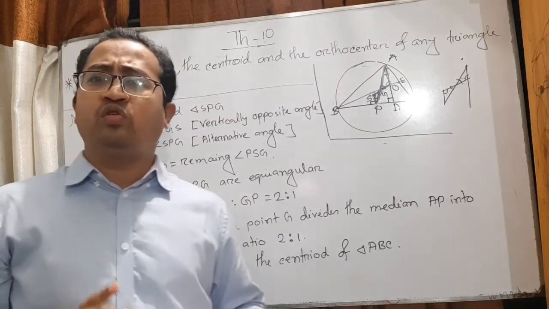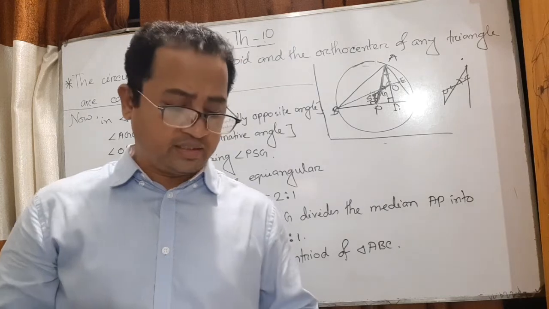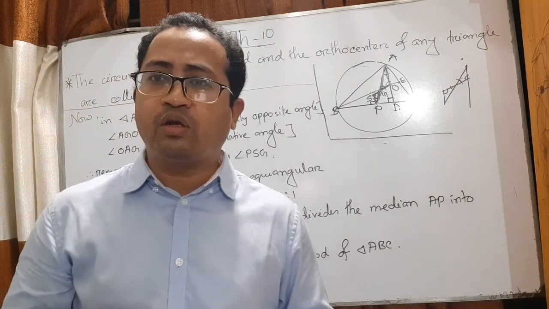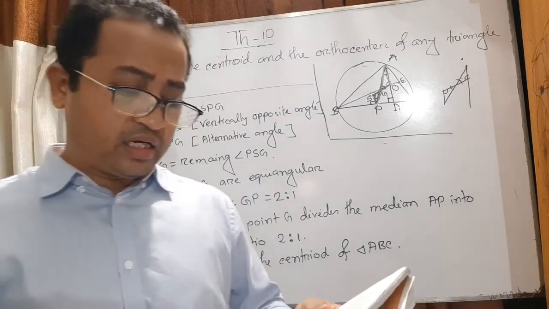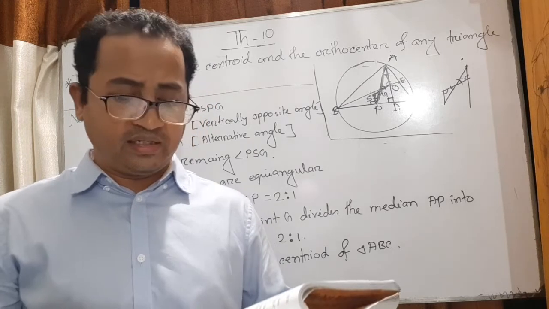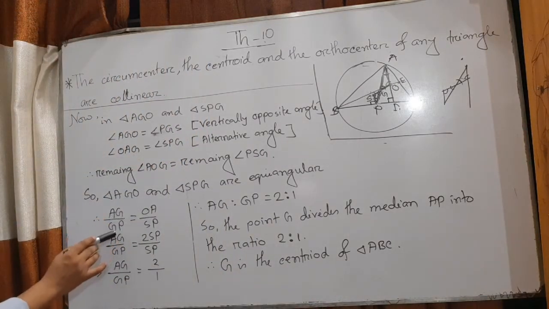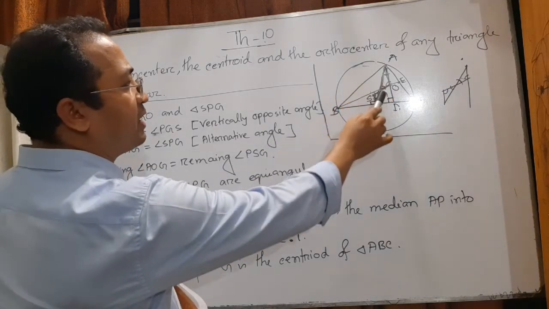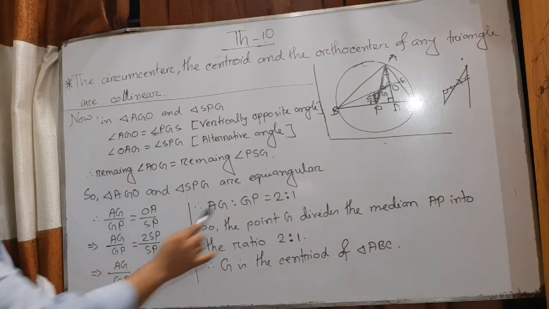Now, if two triangles are equiangular, we get from theorem number 6 that their corresponding sides are proportional. So here the corresponding sides: AG by GP equals OA by SP.